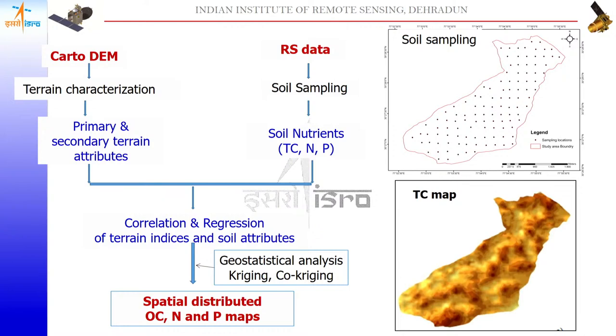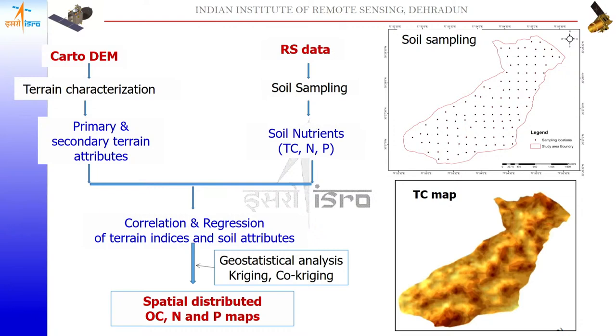Here you see we used a geostatistic technique in mapping of total carbon of the soil. In this area we have taken soil samples at regular intervals, and here we have taken the Cartosat DEM, digital elevation model. We characterize the terrain parameters, primary and secondary, and at all the points we have analyzed the soils for carbon, nitrogen, phosphorus, and then studied the correlation and regression between terrain parameters and soil parameters.